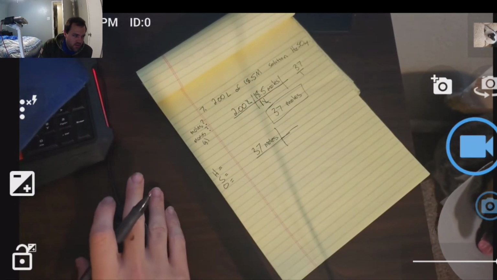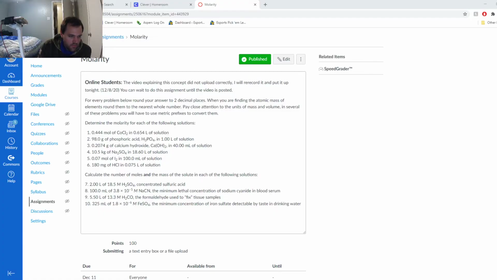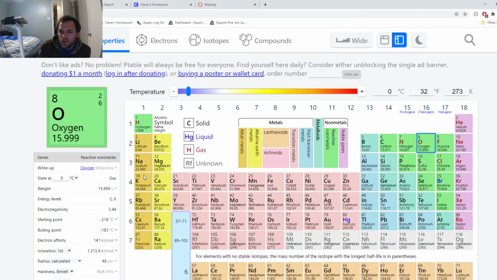So we'll go back to the periodic table real quick. We're looking for hydrogen, which has an atomic mass of 1. We're looking for sulfur, is over here, has the atomic mass of 32. And we're looking for oxygen, right above it. It has an atomic mass of 16.